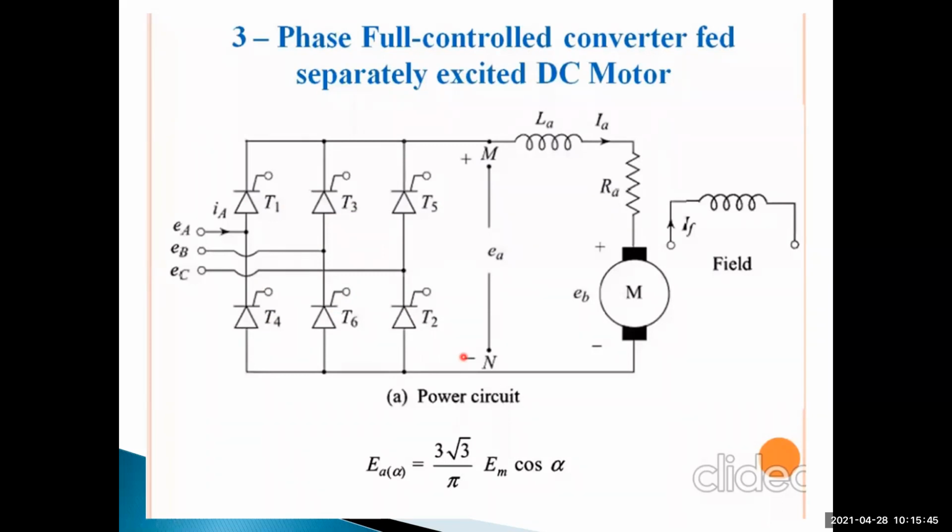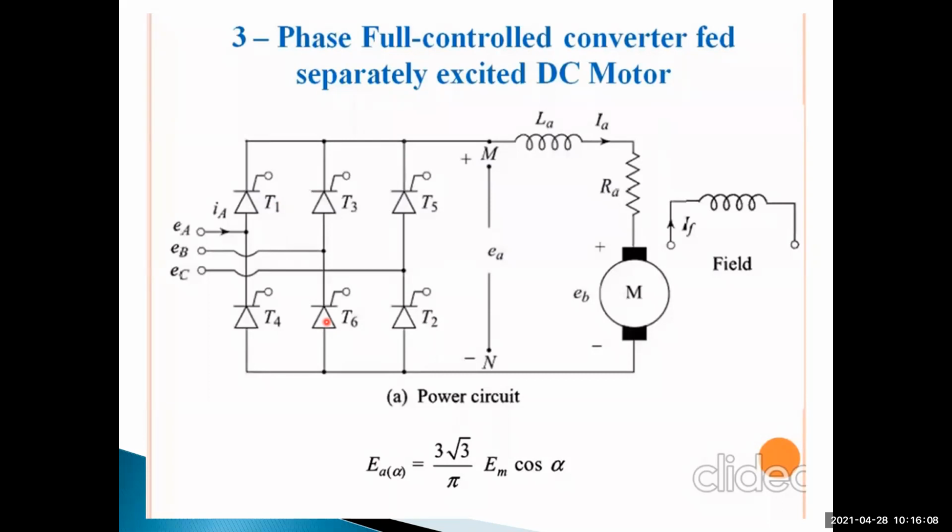Okay, so for one combination, for example T1 T2 and T1 T6, the conduction duration becomes 60 degrees. T1 T2 or T1 T6 will conduct for a duration of 60 degrees. That means 6 combinations, 6 into 60 degrees, will become 360 degrees.